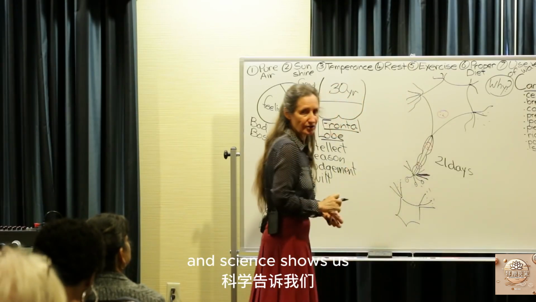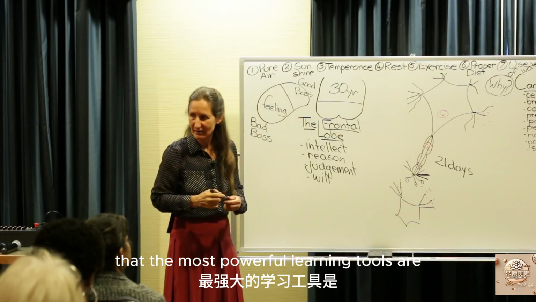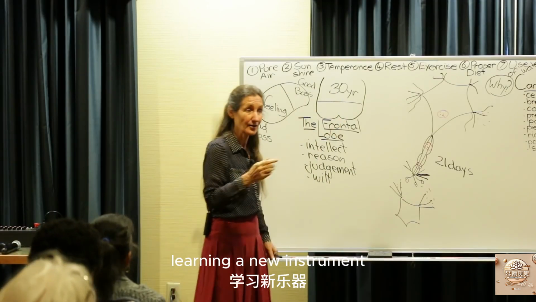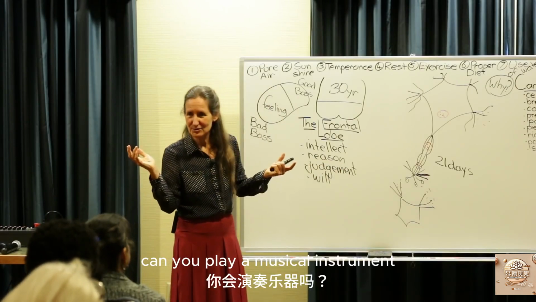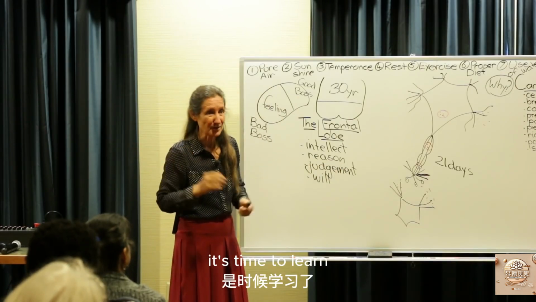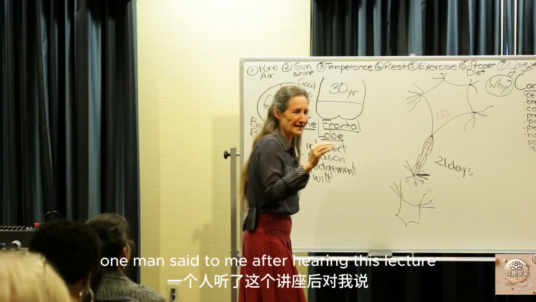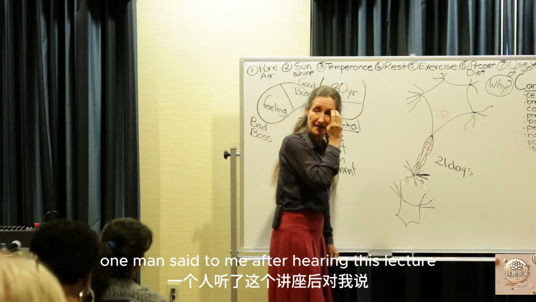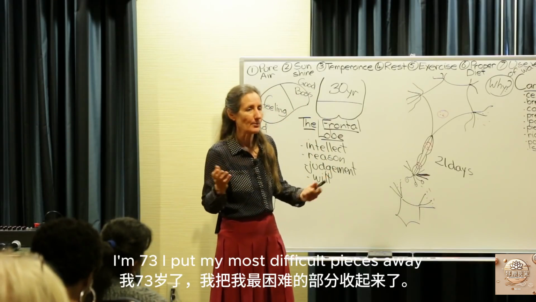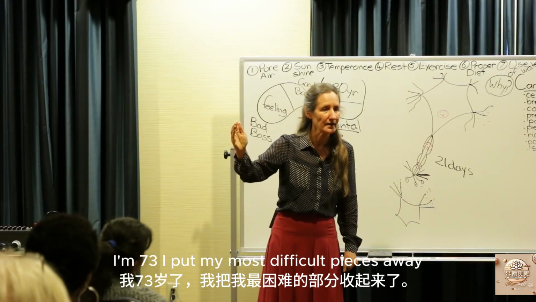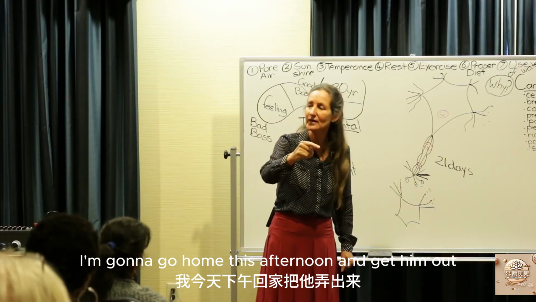And science shows us that the most powerful learning tools are learning a new instrument. Can you play a musical instrument? It's time to learn. One man said to me after hearing this lecture, he said, I'm a violinist, I'm 73. I put my most difficult pieces away. He said, I'm going to go home this afternoon and get them out.